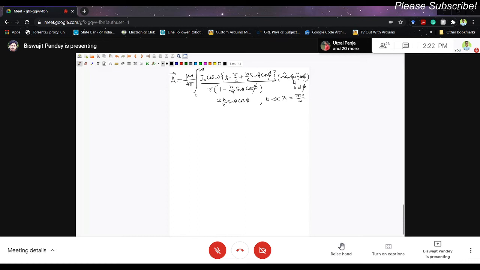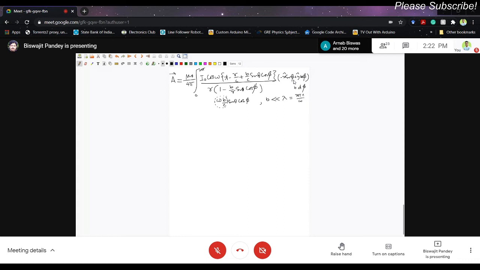So b is much less than lambda. So omega into b by c will be much less than 2 pi, a number not very large. So wherever you see this term, omega b by c, it will be very small.